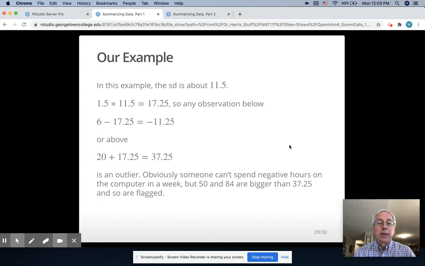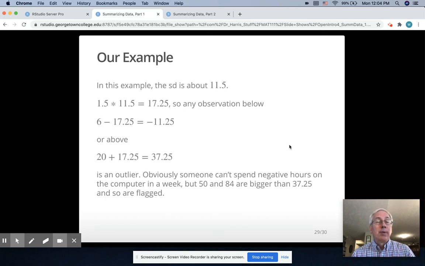So if we take 11.5, multiply by 1.5, we get 17.25. And so I'm going to subtract 17.25 from the first quartile. The first quartile was 6. 6 minus 17.25 is negative 11.25. And 20 plus 17.25 is 37.25. So anything below negative 11.25 and above 37.25 would be considered an outlier in this case.